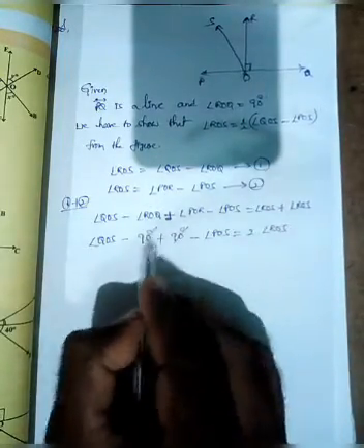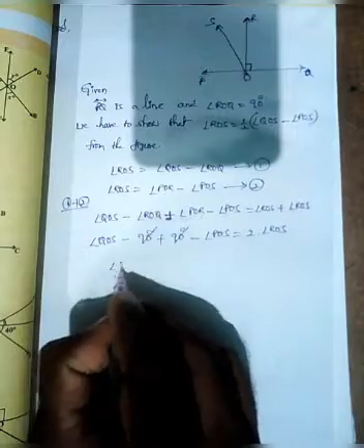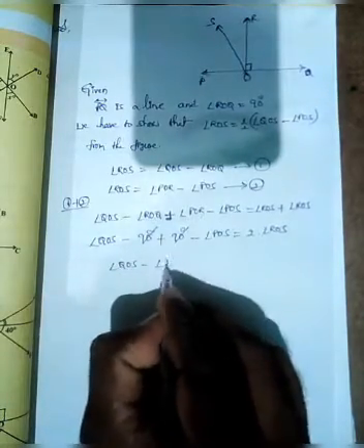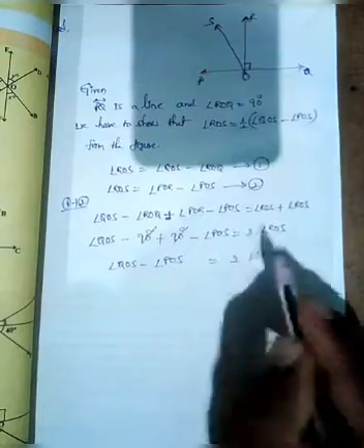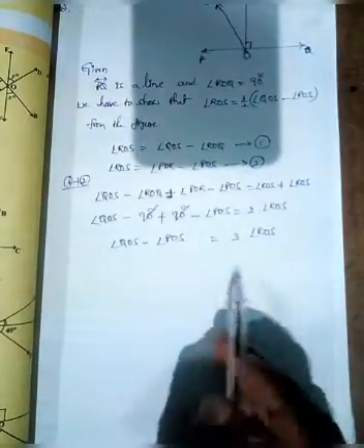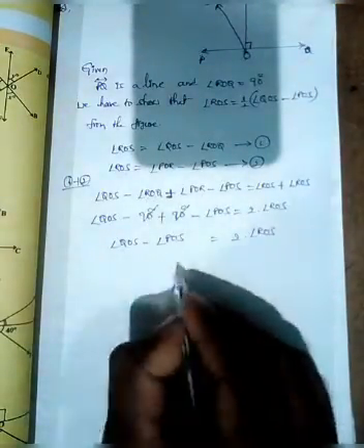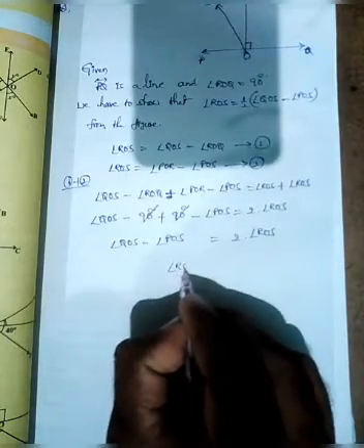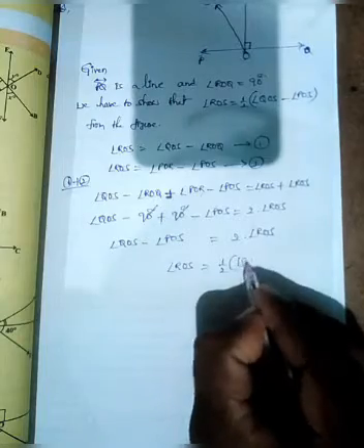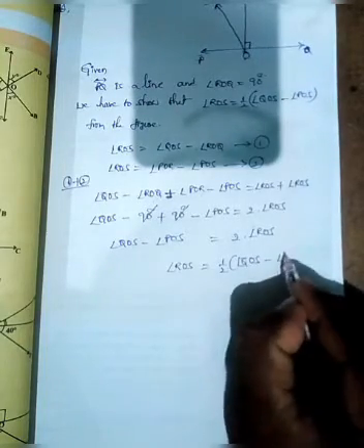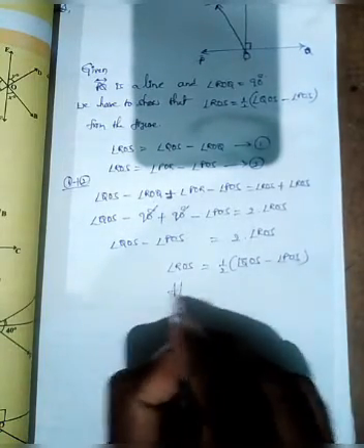Cancel plus 90 and minus 90. That is angle QOS minus angle POS is equal to 2 into angle ROS. So transpose the 2 from LHS to RHS. That is angle ROS is equal to 1/2 into angle QOS minus angle POS. So hence proved.